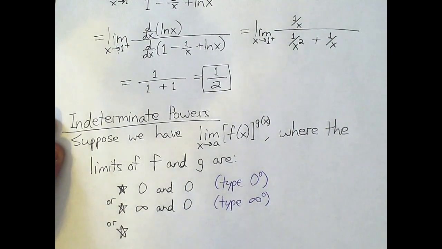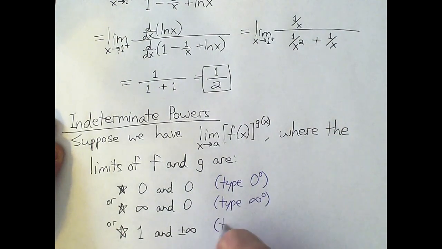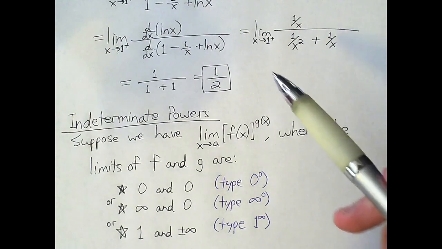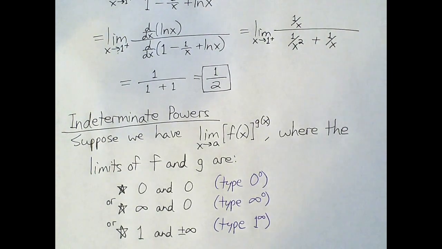Suppose that the limits of f and g are 1 and plus or minus infinity. We call this an indeterminate form of the type 1 to the infinity. And these could also turn out being infinity or 0, or they could also turn out to be something like 1/2. We don't really know. It depends on the problem.